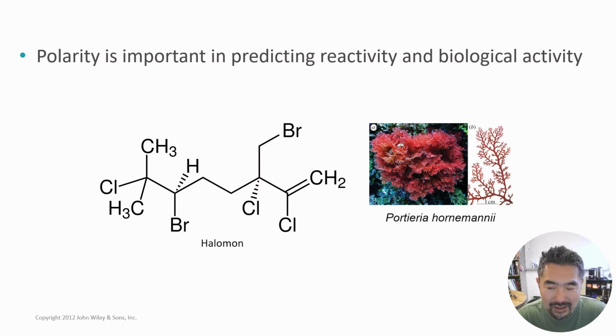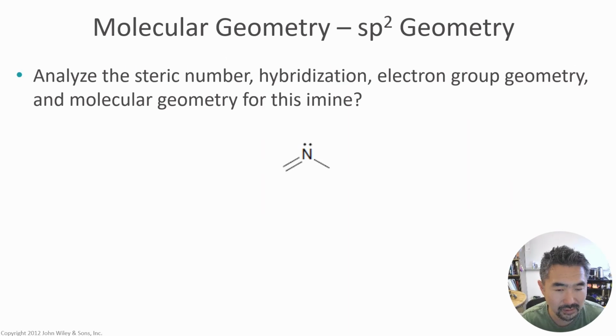Well, I've studied marine red algae from marine natural products, but I didn't find this one. This one, because of its particular polarity, is able to go through the cell membrane and get into the cell and kill some human cells. And for that reason, it's being studied as a potential anti-cancer agent. And all of that comes directly from the polarity of the molecule, which is predicted by the molecular geometry.